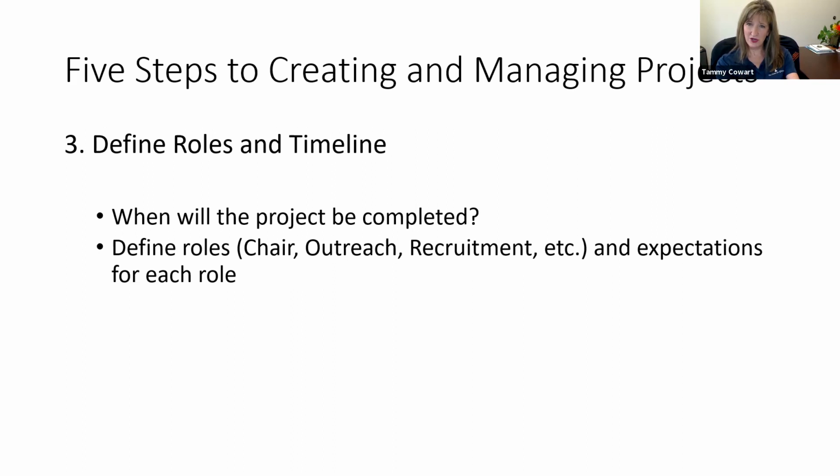So who's going to be in charge of outreach, and when do those things need to be provided? You wouldn't go get flowers and bring them back to campus 2 months before you're going to plant them, right? So when does that task need to be accomplished?